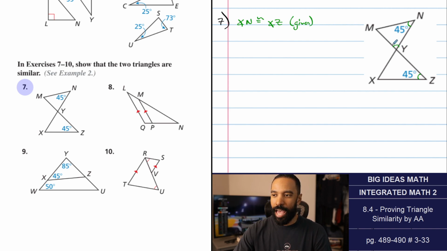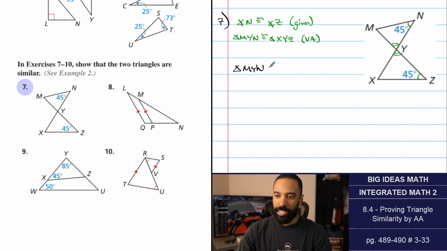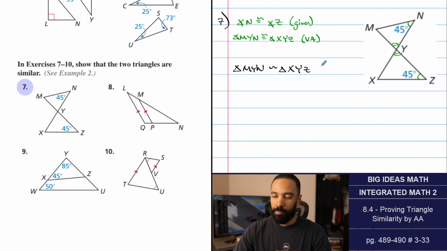And then angle MYN is congruent to angle XYZ because they're vertical angles. Therefore, triangle MYN is similar to triangle XYZ by angle similarity.